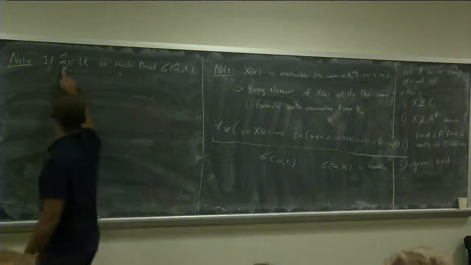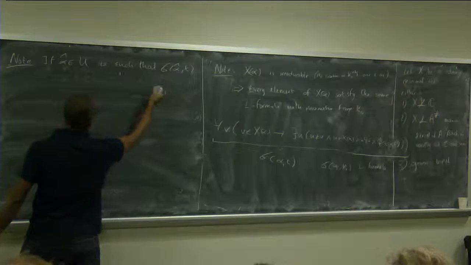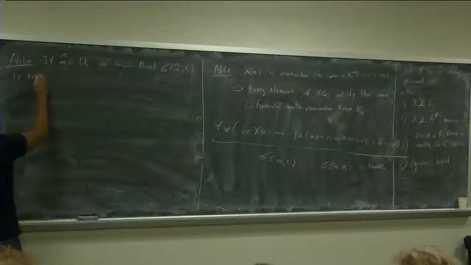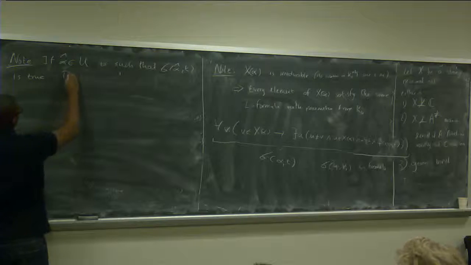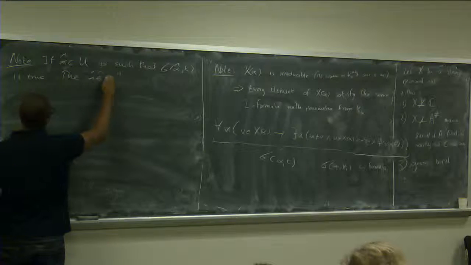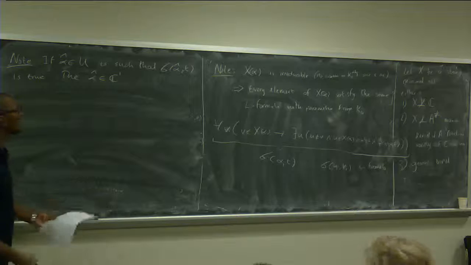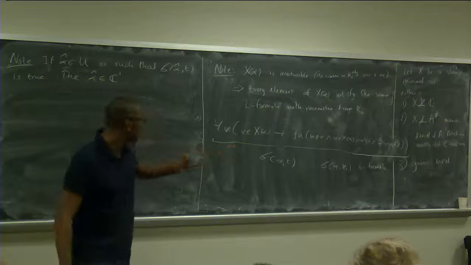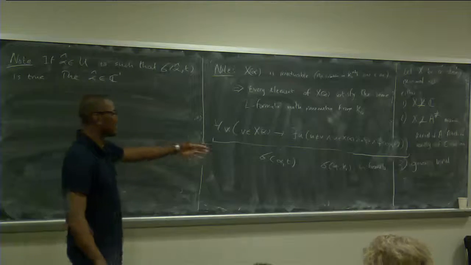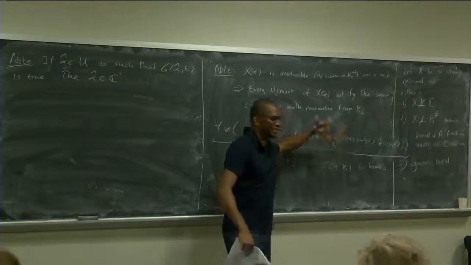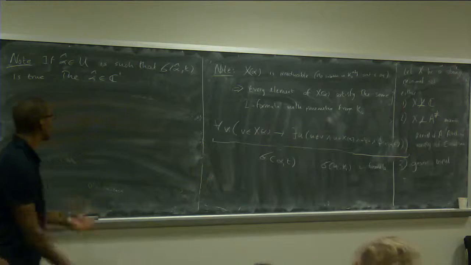So if we have an element of U that satisfies this, then alpha prime has to be in C. Usually I don't write this and people ask why. Simply because you can code it in, because it's a constant.